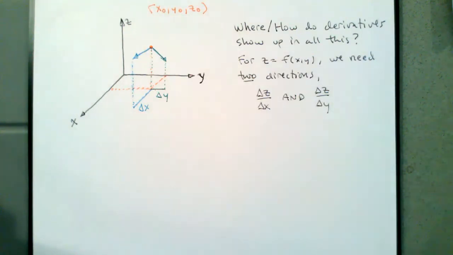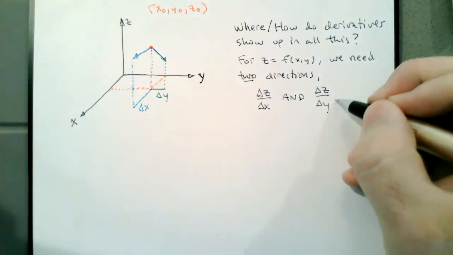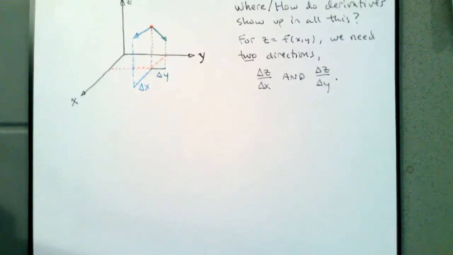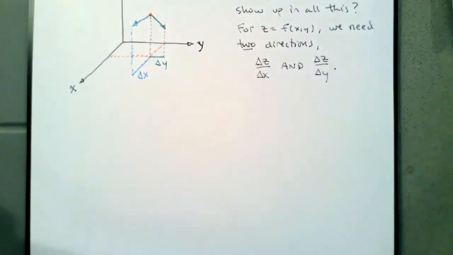So that means we're going to need to learn how to find a dz/dx and a dz/dy. The good news is you already know how to do it. I'm going to put up an example of a function of two variables, and you're going to tell me how to find dz/dx and dz/dy.